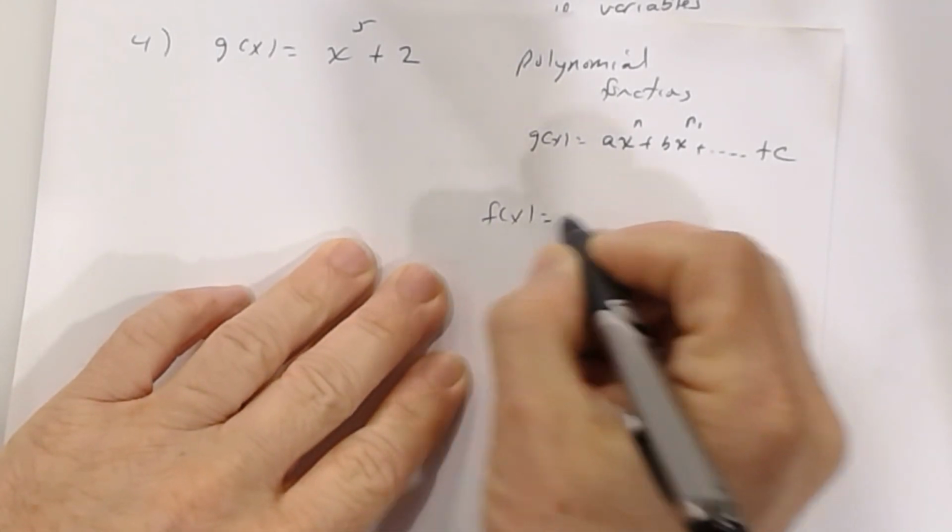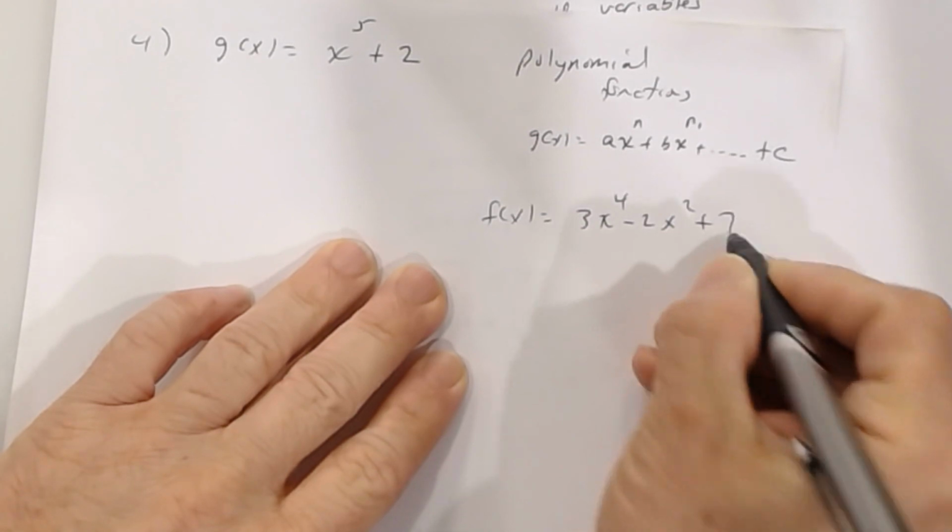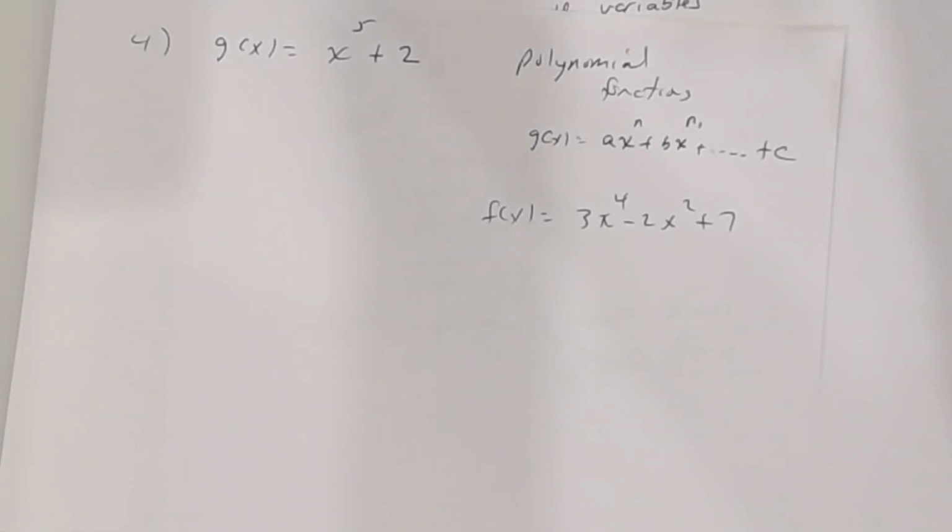So here's an example. f of x equals 3x to the 4th minus 2x squared plus 7. Is that a polynomial function? Yes. It has that form. x raised to the 4th power, 4 is a whole number. x to the 2nd power, 2 is a whole number, and then your constant. Now, you're not going to graph that in here.